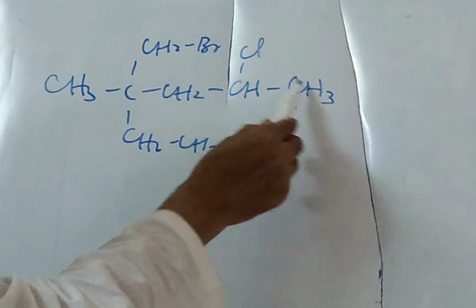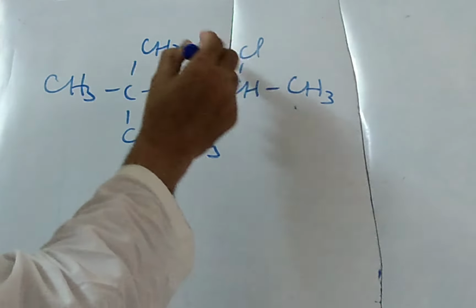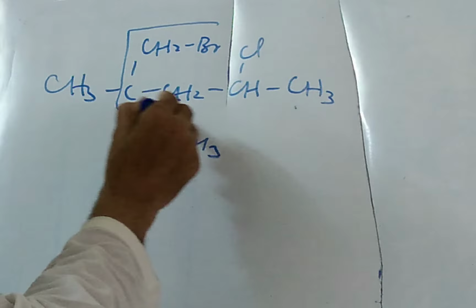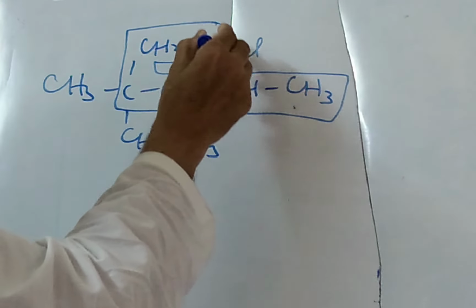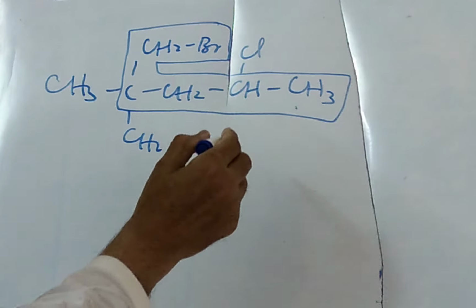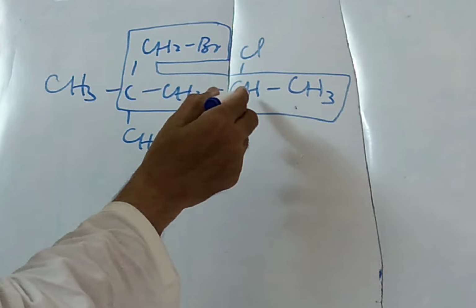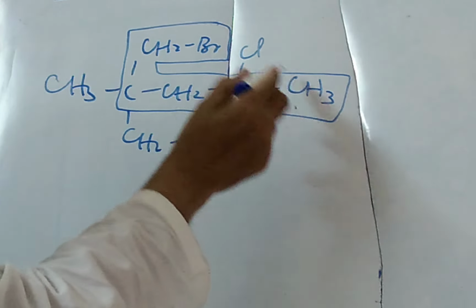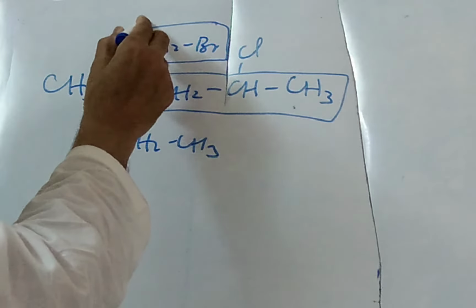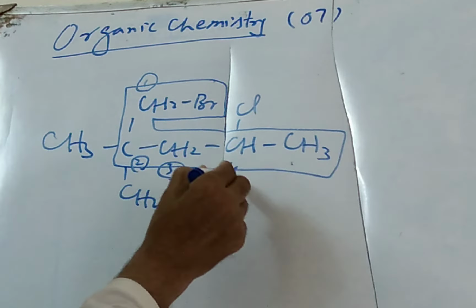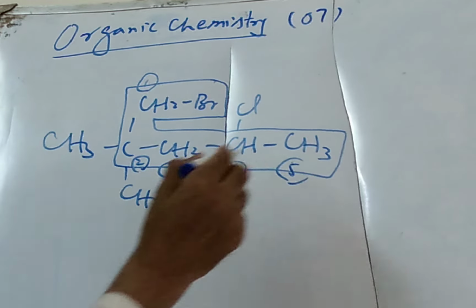So the chain is 1, 2, 3, 4, 5. So all the substituents, that is all the halo groups, should be within the parent chain. So in this case, you can see Cl is attached with this parent chain. So Cl comes 1, 2, Br comes on the 1st position. So numbering from this side, 1, 2, 3, 4, and this is the 5.